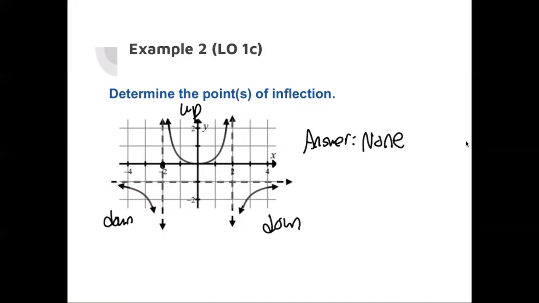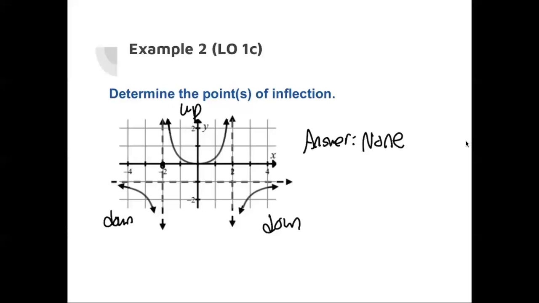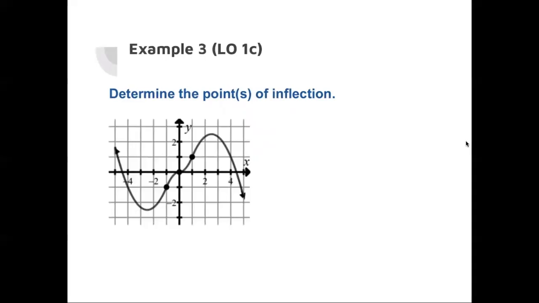Why? Because only the continuous portion of the graph is here, right? But the concavity of this part is consistent by being concave up. Same for these. There is a concavity change from this graph to this graph and this graph to this graph. But because it changes due to its asymptote, there is no point of inflection.